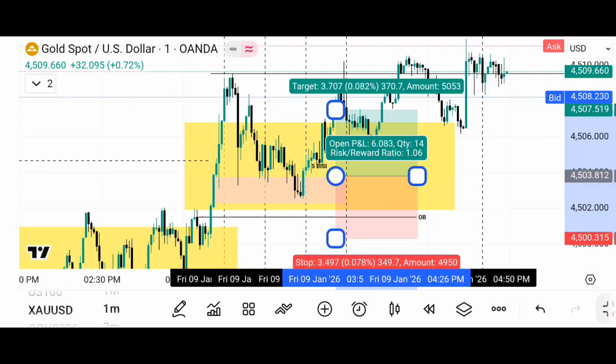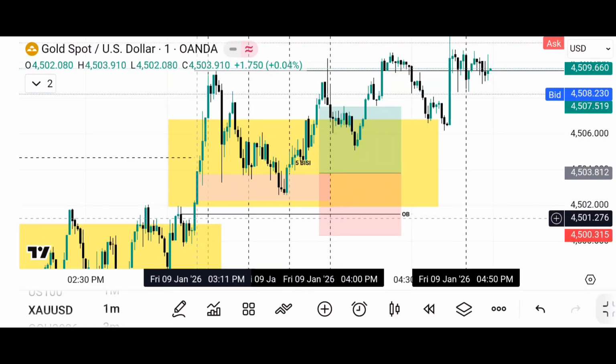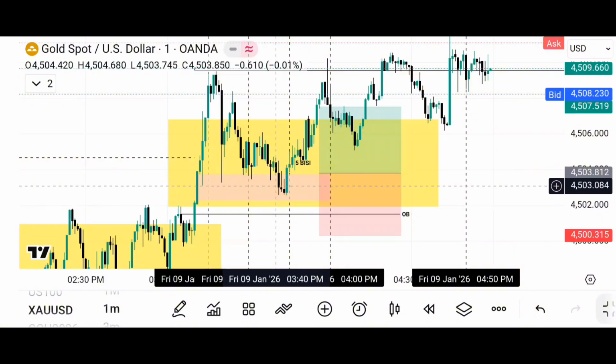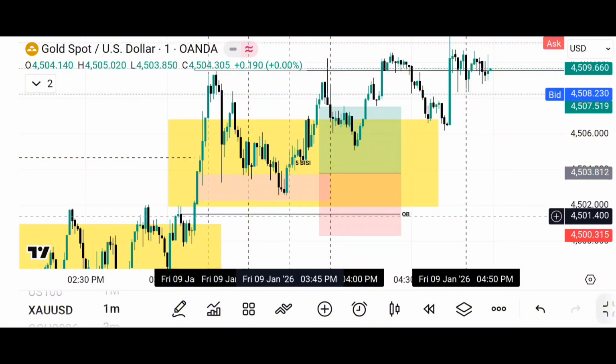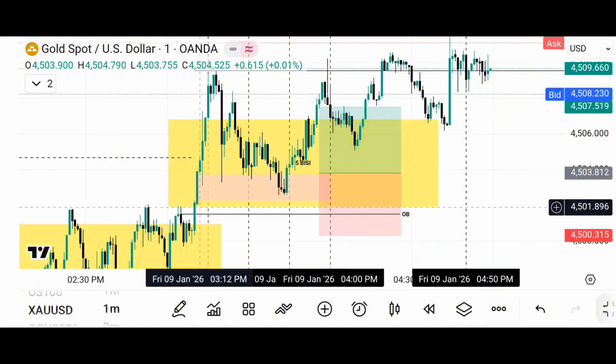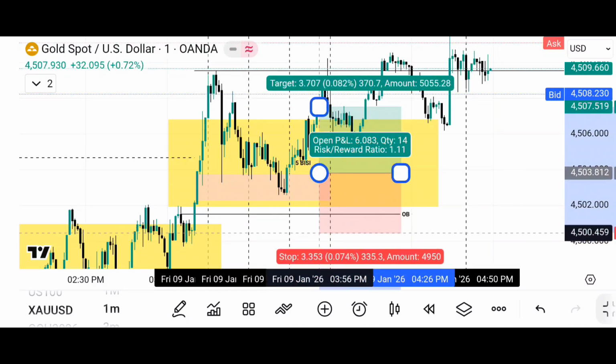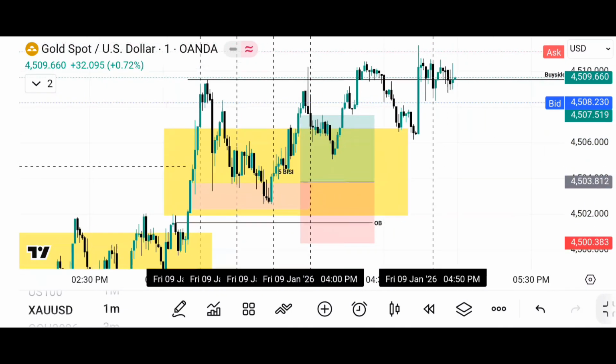You give price room to trade into this other fair value gap created at the bottom, because price might actually run down to this level. And this is actually the level where the 5 minute order block is found. So price might actually run into this fair value gap at the bottom. Not all the time, but sometimes. So you have to give room for it while placing your stop loss to be safe.